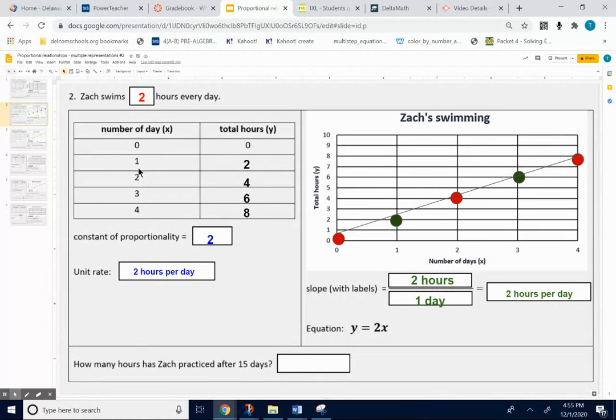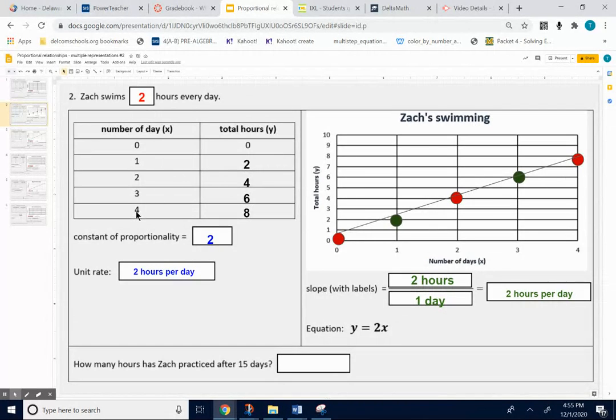I could count by one, by one, by one until I get to 15, and then go up, up, up until I get to the number that would correspond to that. But if I notice, the x value on the left is always multiplied by 2 to get to the number on the right.